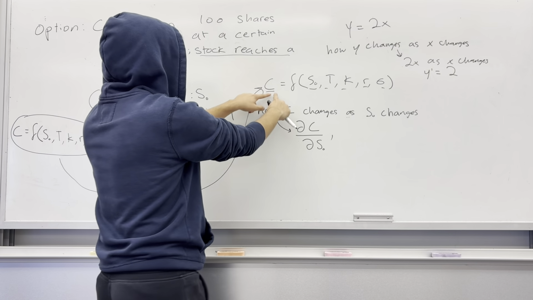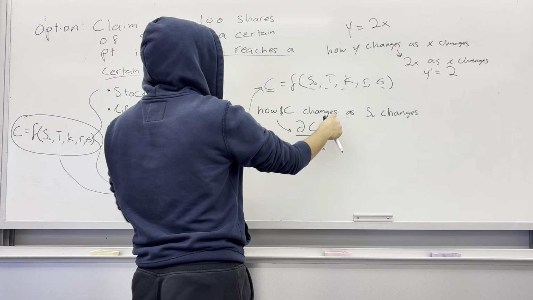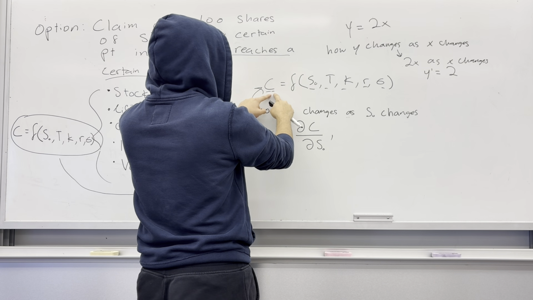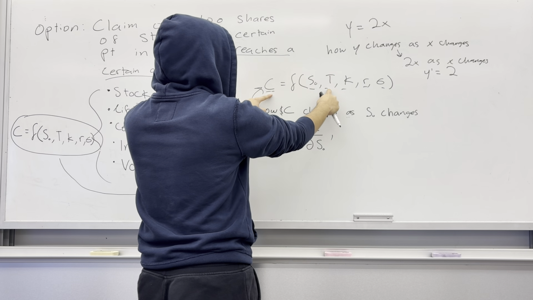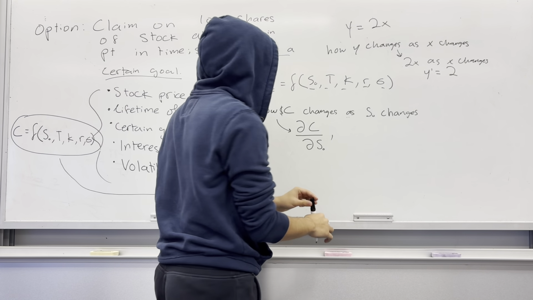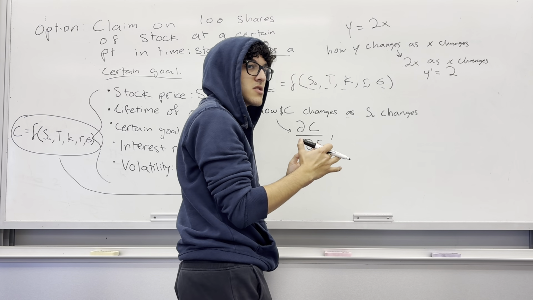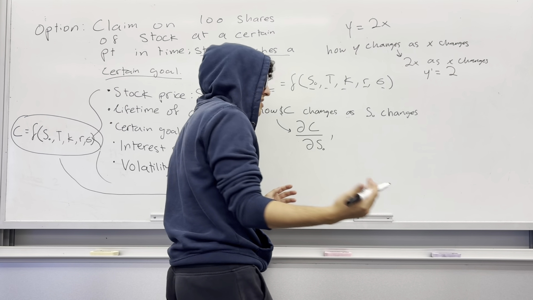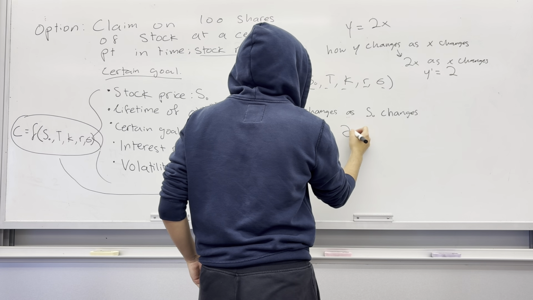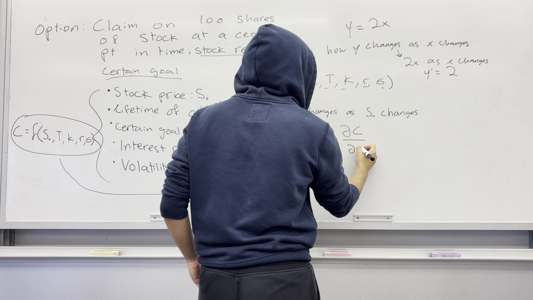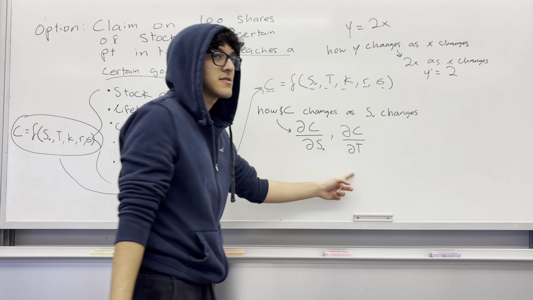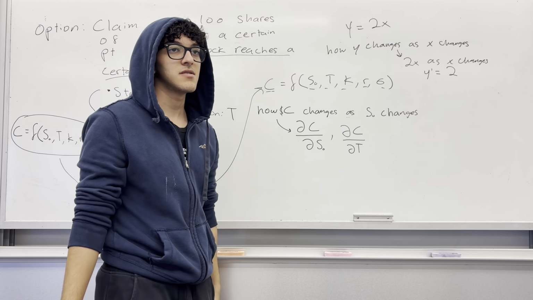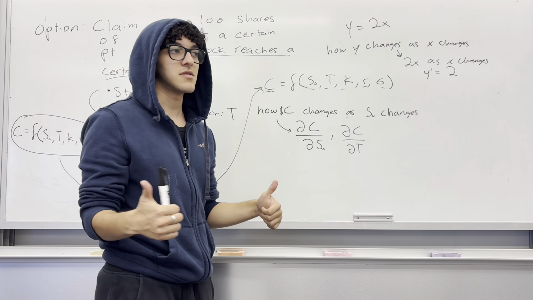Anyways, so we got the change in the price as the stock price changes. We can also do the change in the price as the time changes. So as time gets closer and closer, how does the price change? Or as it gets farther and farther away, how does the price change? So that's this. Is that okay, everyone?